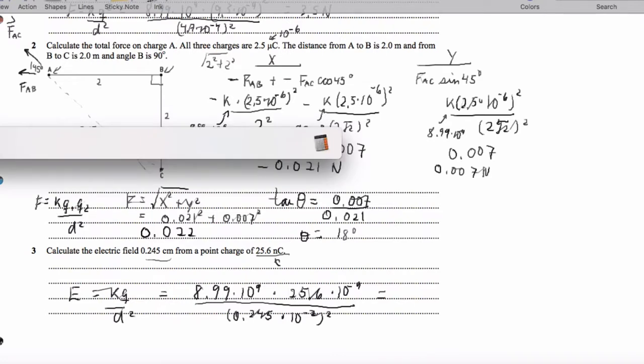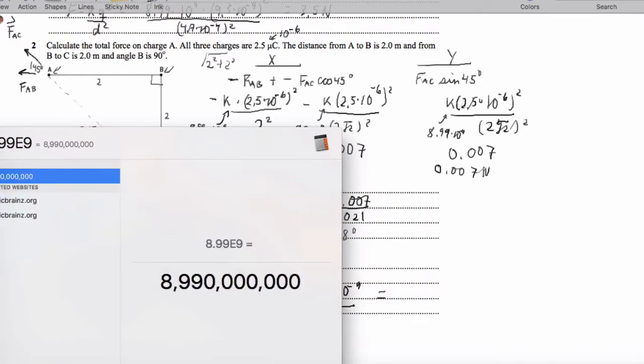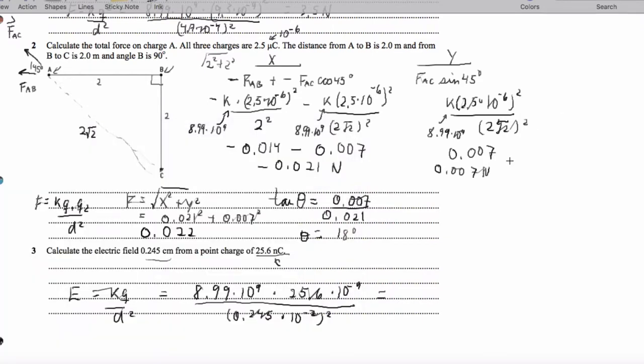And when we actually calculate all this out here, and so we'll get, and actually I should be careful, that's 0.0245. Oh, I see what I did there.